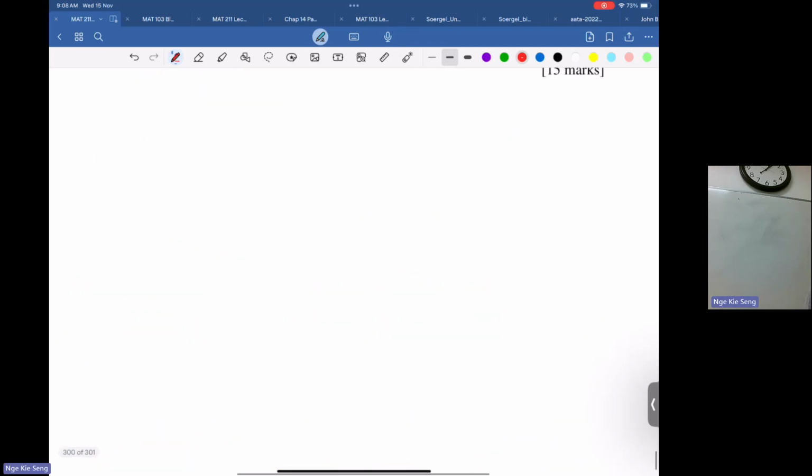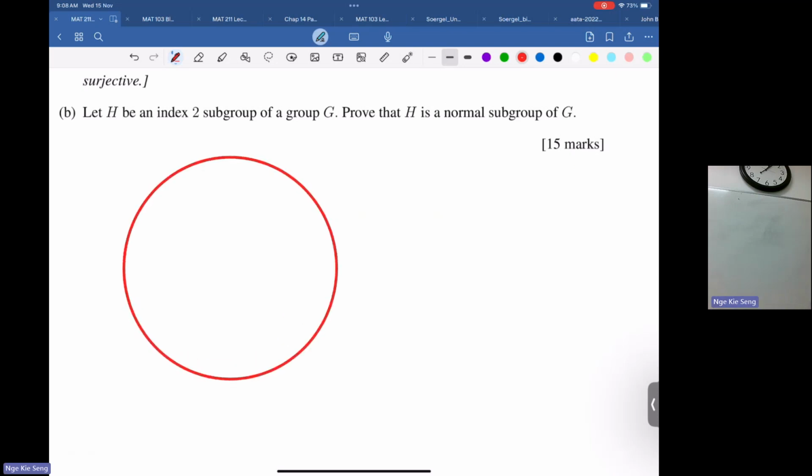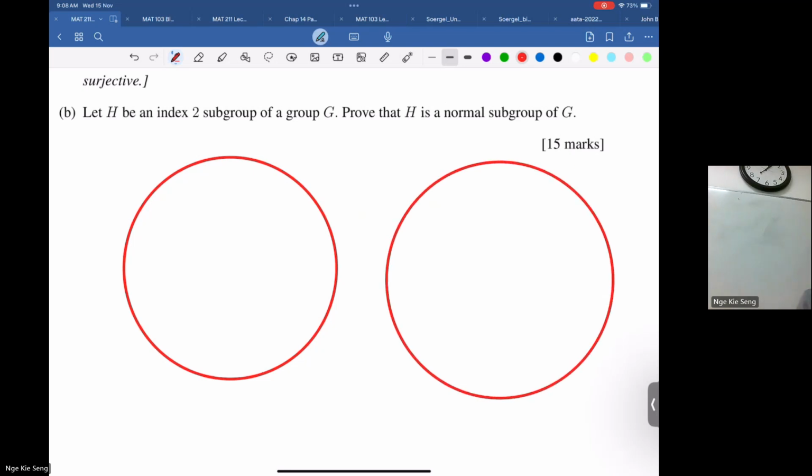Okay, so the second part here. Let H be an index 2 subgroup of G. Prove that H is a normal subgroup. Okay, so what's the conceptual understanding here? For this question, if you somehow guess what you want to do, I'll also give you partial marks.